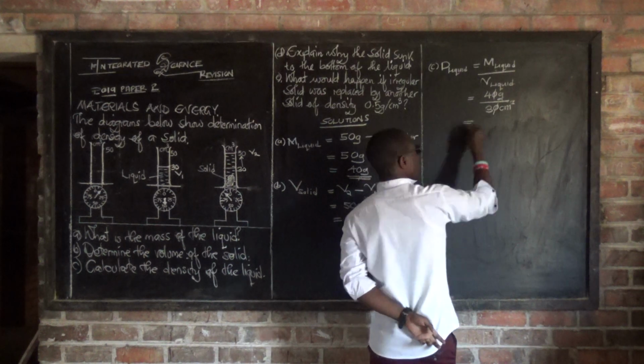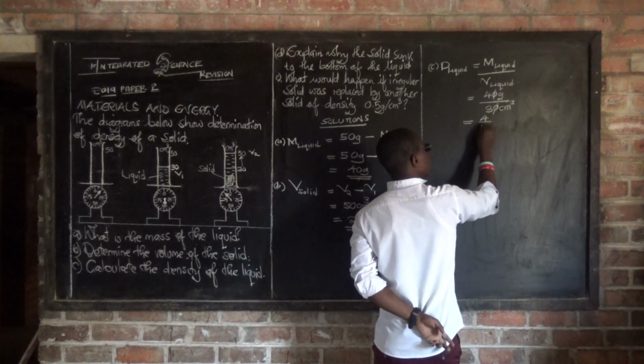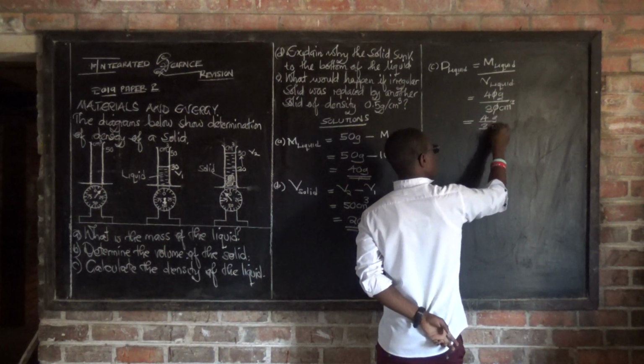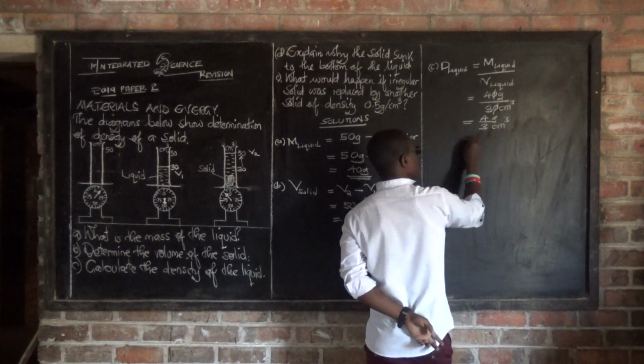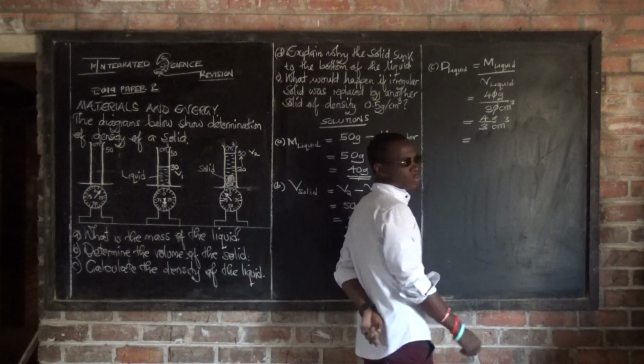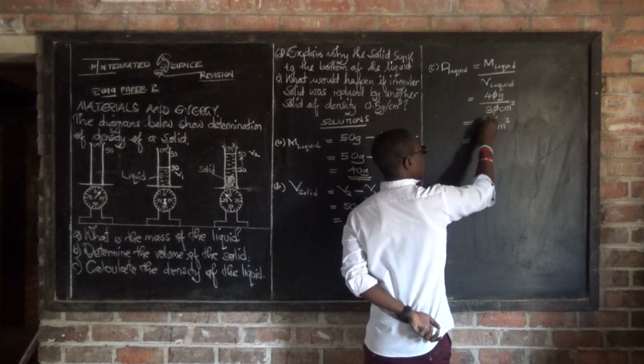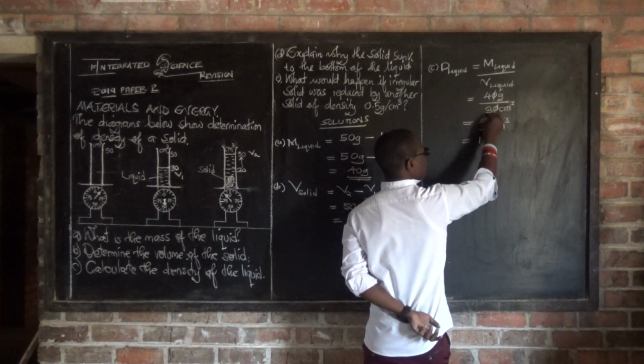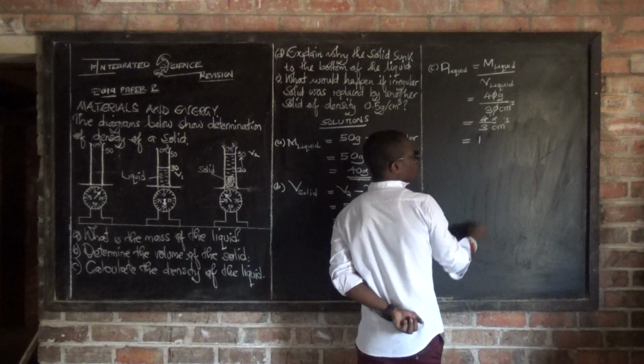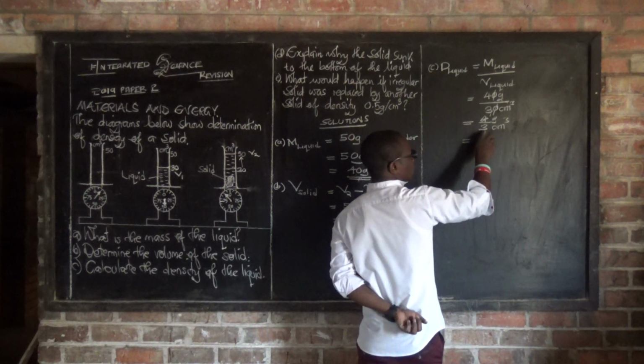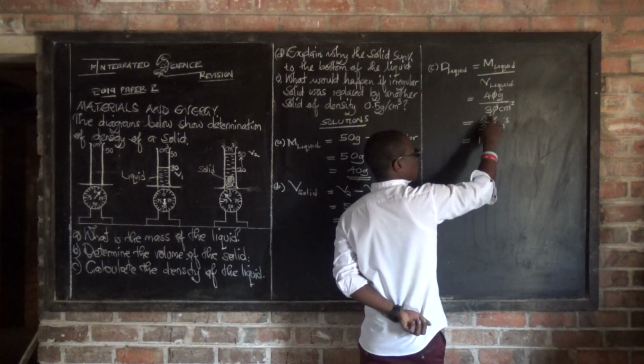Then in dividing, this 0 and this 0 are going to go. So what are we remaining with? We have 4 over 3. This is grams, this is cubic centimeters. Then you divide 4 by 3: 3 into 4 is 1, remainder 1. 3 into 1 is 0, so you put a point.